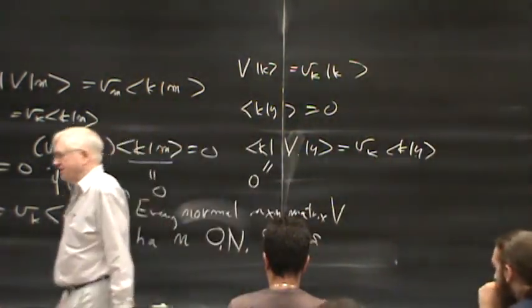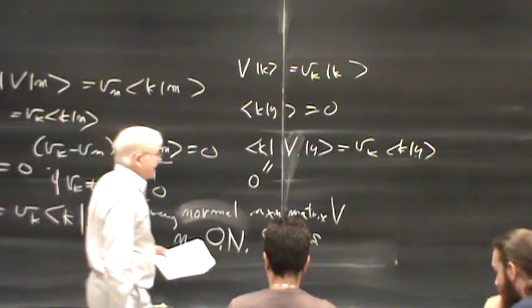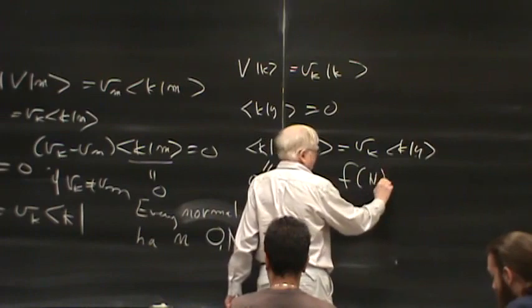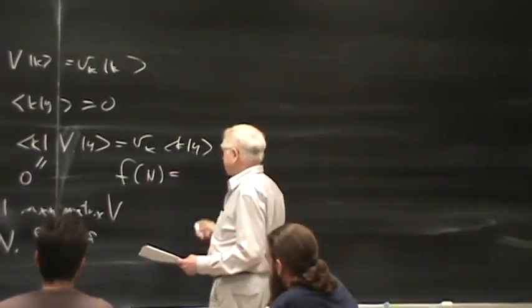Normal matrices aren't used as much in physics, but who knows, maybe they will be in the future. Okay. And if you have a function of some normal matrix, what you can do is diagonalize it.